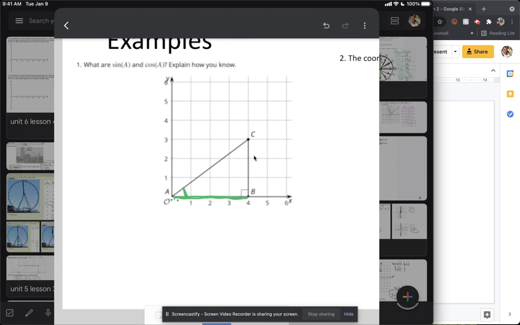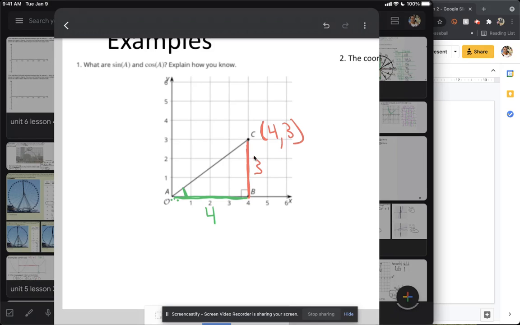That's going to be 4 units. And I can figure out this distance right here, since it's strictly vertical, by counting. So this is going to be 1, 2, 3. Okay. So the coordinates of this point: the x value is going to be 4, and the y value is going to be 3.